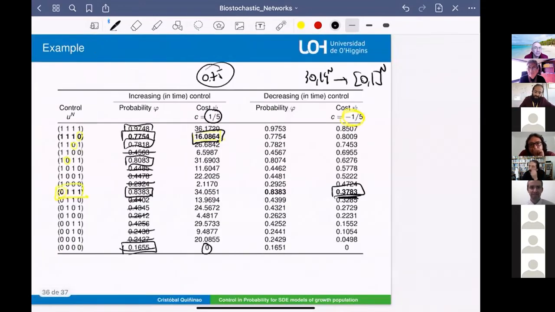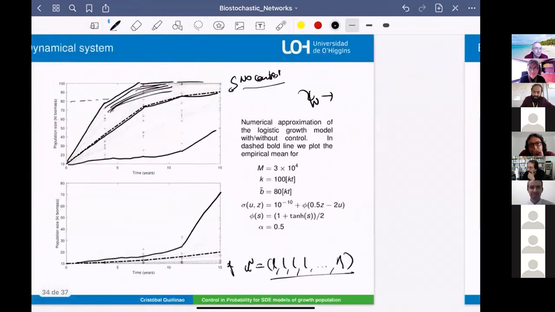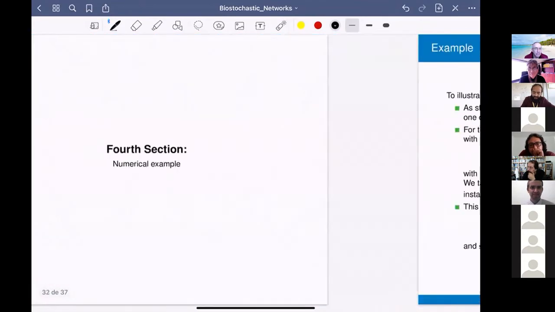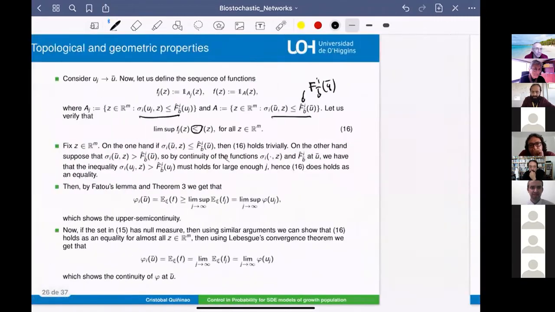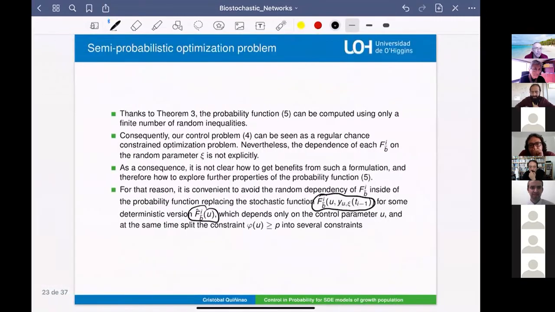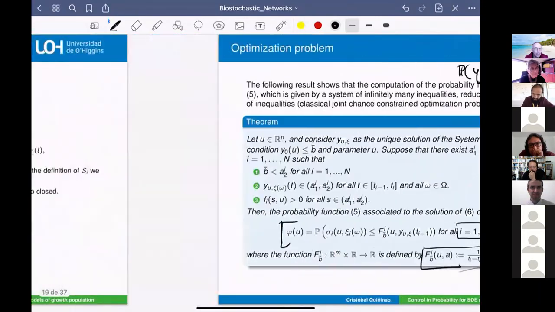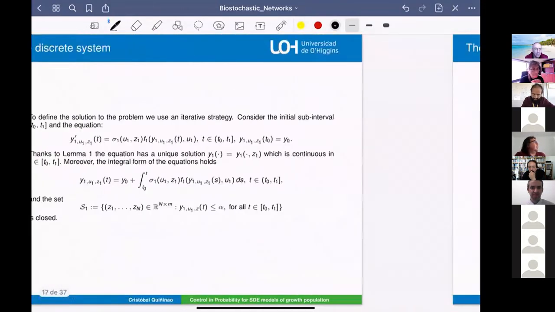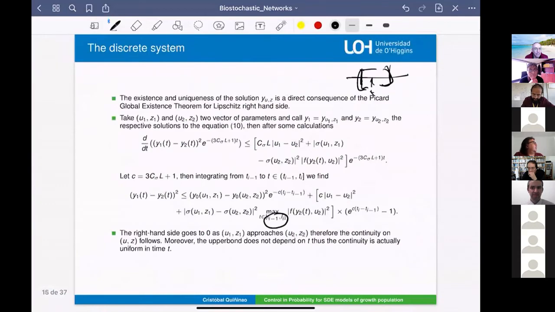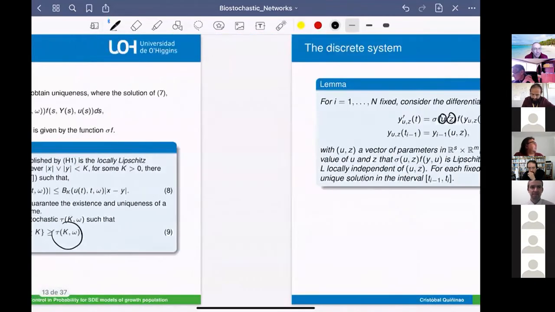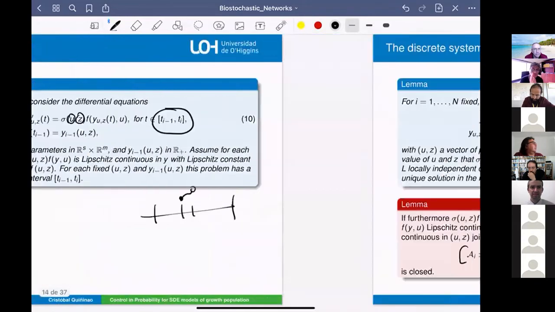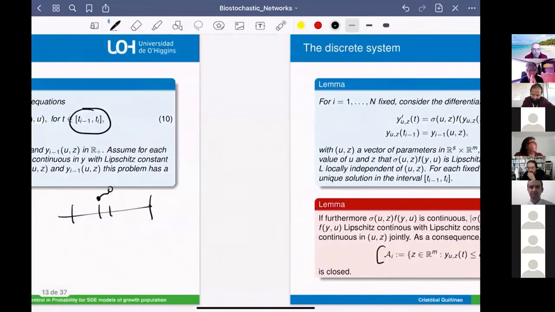I didn't talk a lot about it. In the simulation, it was just uniform. Sorry, just one second. The problem is actually this one.